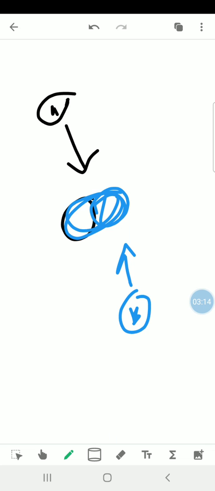So now if only A and B are present, because these things can go here and there, it will take some time for them to come and collide with one another.